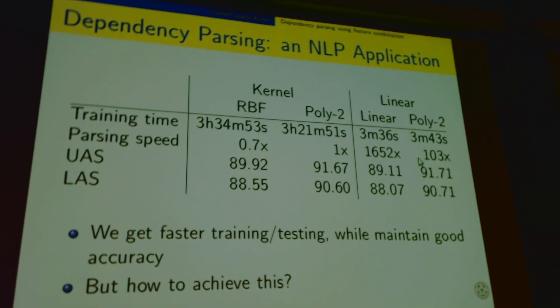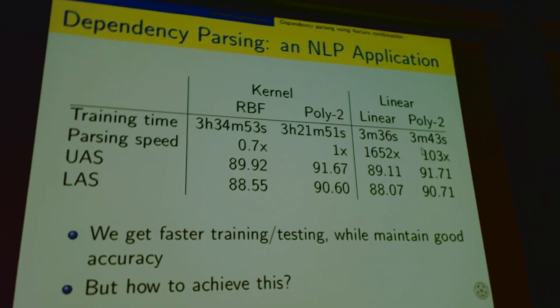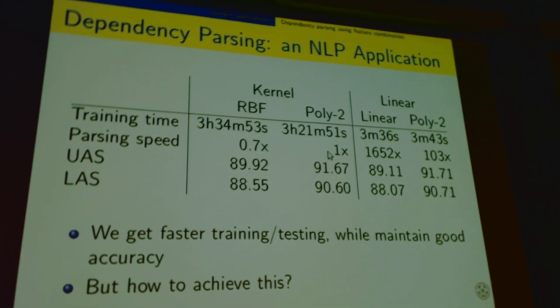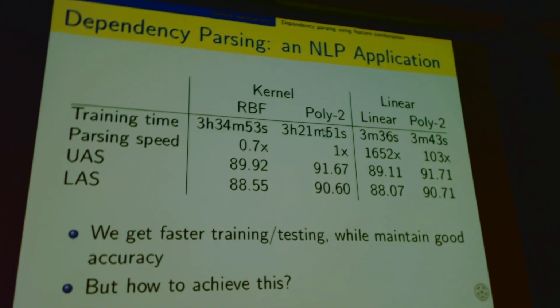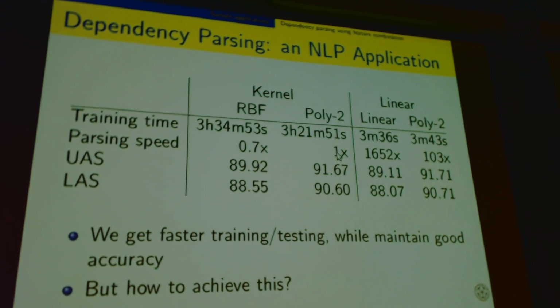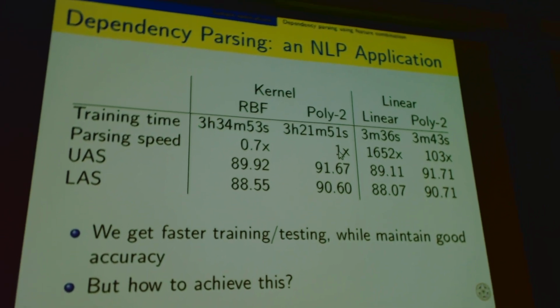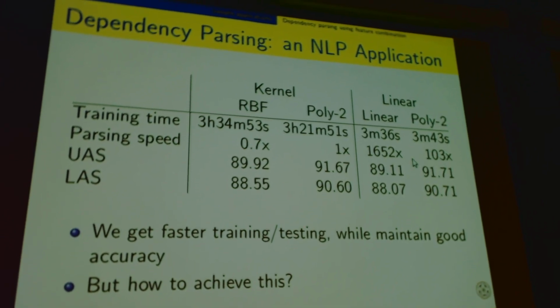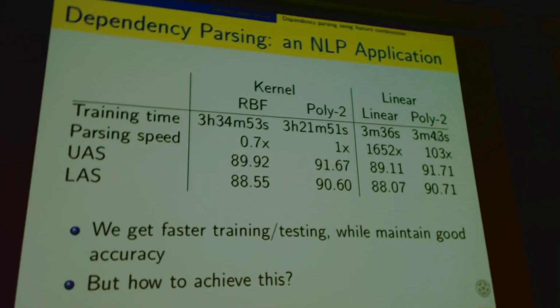And the testing speed is 100 times faster than if we use kernel. That's actually the most important thing for this application, the testing speed. If we use kernel, you need to do a lot of inner products, and that's not good. But now the testing speed is a lot faster, and training is also much better.